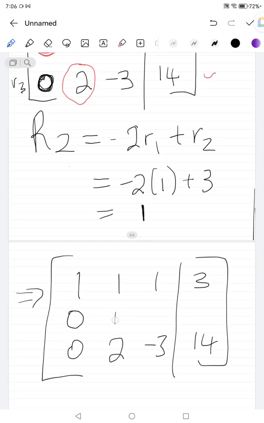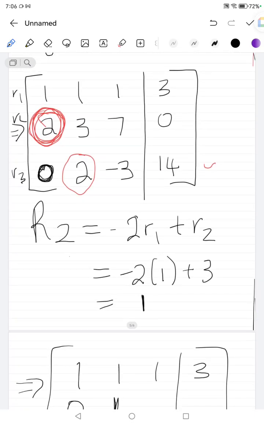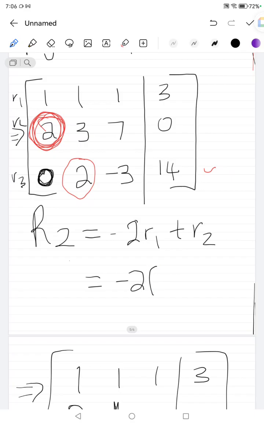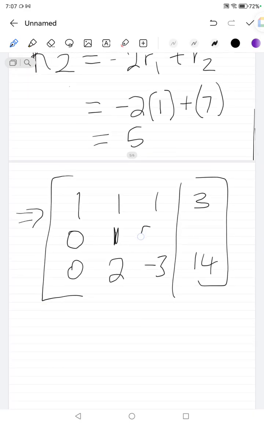Then you go and write your 1 this side. Then you may erase this, that you have your minus 2 into row 1. Then you're going to have that one plus your 7, minus 2 plus your 7. This one is going to give you your 5. So now it means you're going to be having that 5 this side.